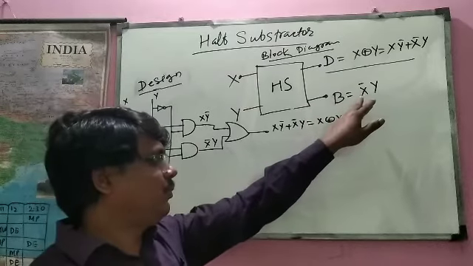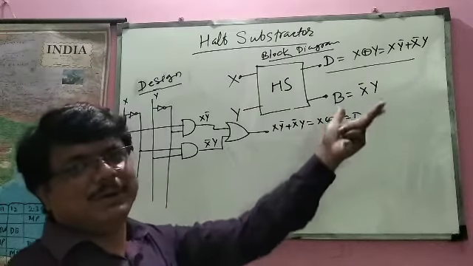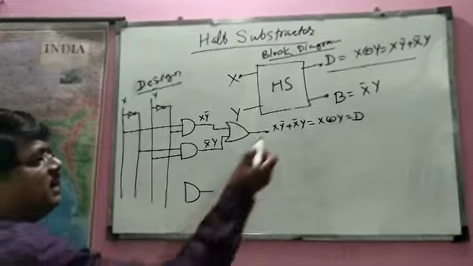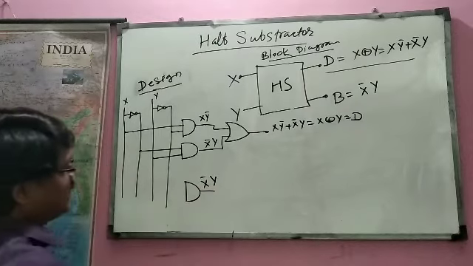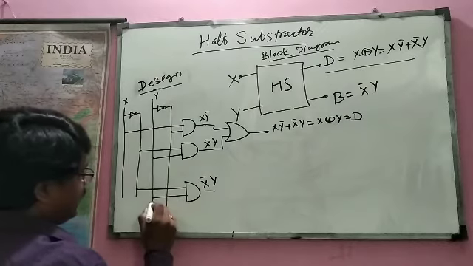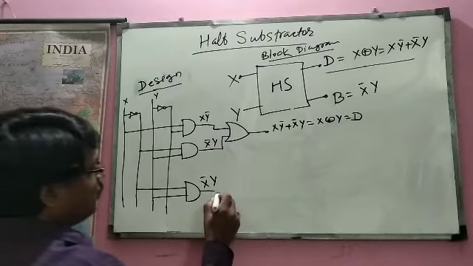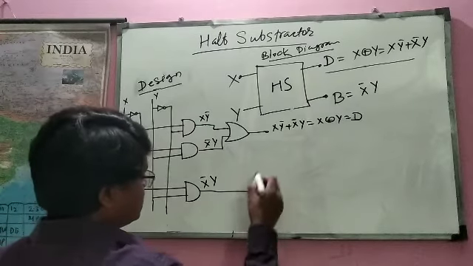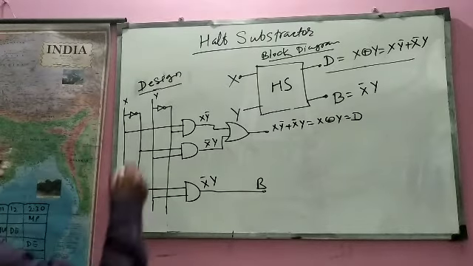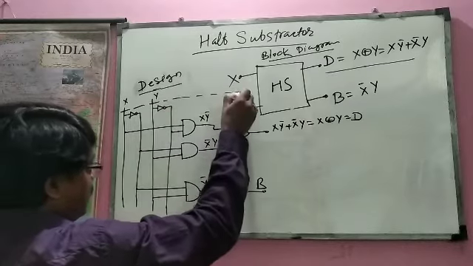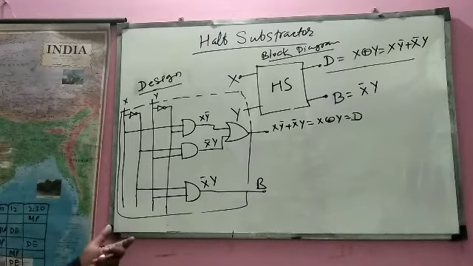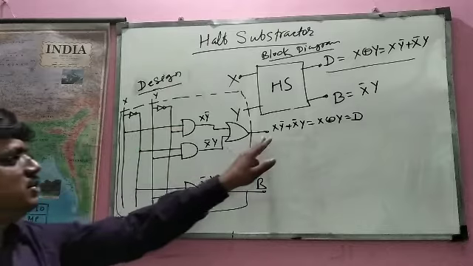So what would be the circuit for B? It is very simple, it will be only an AND gate. And what we need at the output is X bar Y. So this is X bar, and this is Y. So now here, this is your B and this is your D. If we make all these things inside your box, these two are inputs X and Y, and these two are outputs.